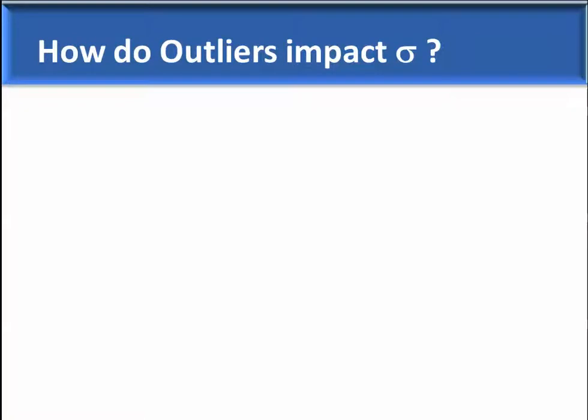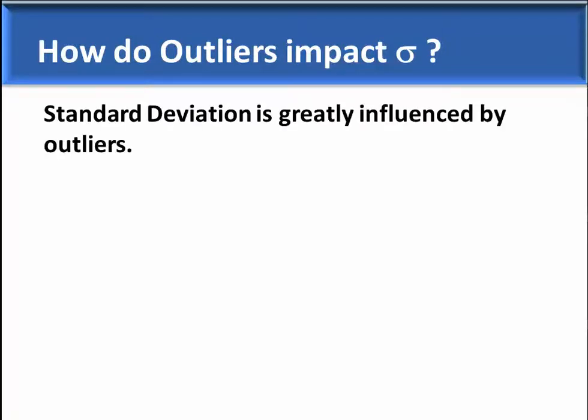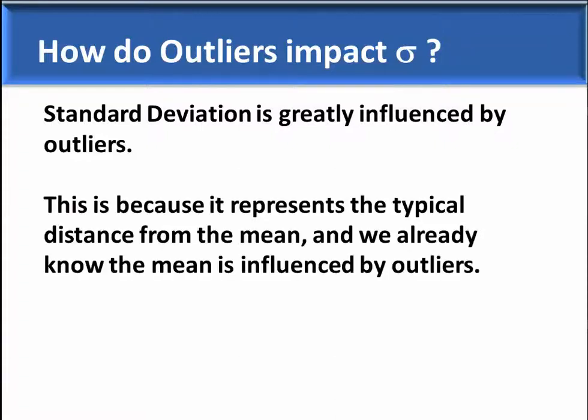So, just as we've talked about with every other topic so far, what is the impact that outliers have on standard deviation? Because standard deviation is calculated using the mean of the data, we have to do the mean and look at the differences from the mean. And because the mean itself is greatly influenced by outliers, the standard deviation is also greatly influenced by outliers. In fact, it's actually influenced more than the mean, because we're using that mean to calculate it.